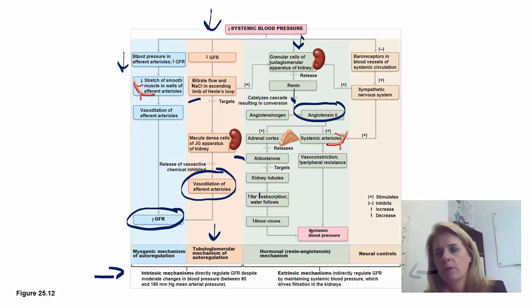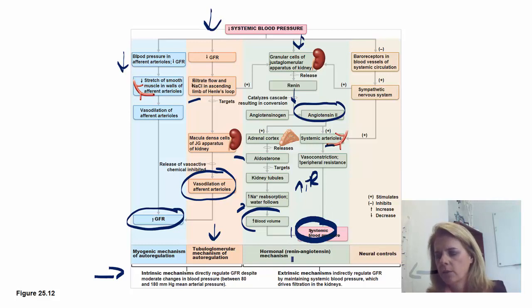Aldosterone goes through the blood supply, because it's a hormone, to the kidney tubules. They're going to increase sodium reabsorption. That's going to pull water along, increase blood volume, and increase blood pressure. Angiotensin II also causes systemic arterioles to vasoconstrict, which increases peripheral resistance, which is going to do what? Increase blood pressure.